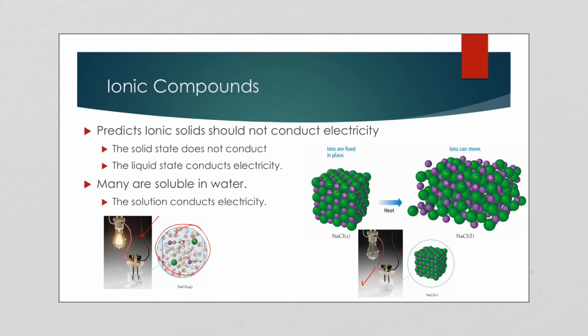So while the solid ionic compound is non-conductive because the ions are fixed, both the liquid phase and the solution phase are conductive. And so these basic ideas about ionic compounds, our bonding model, allow us to correctly predict many of the basic properties of ionic compounds.